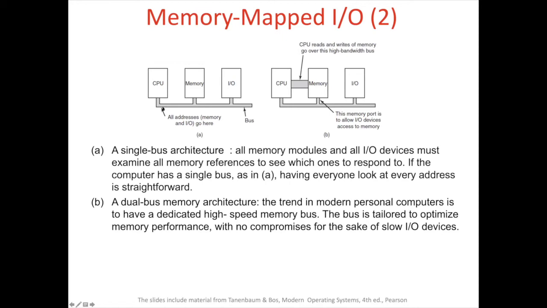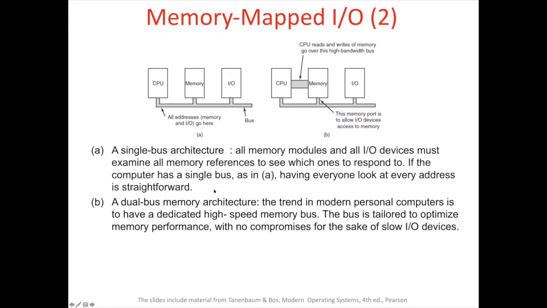In part A, a single bus architecture is shown. All memory modules and all I/O devices must examine all memory references to see which ones to respond to. If the computer has a single bus, as in A, having everyone look at every address is straightforward.